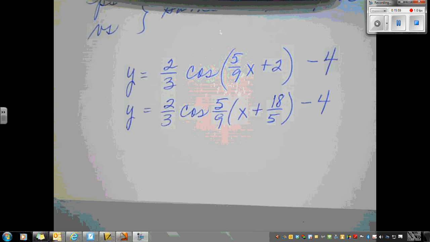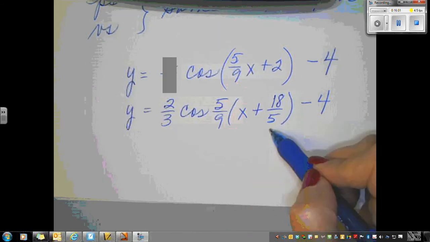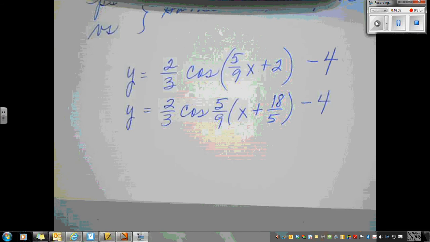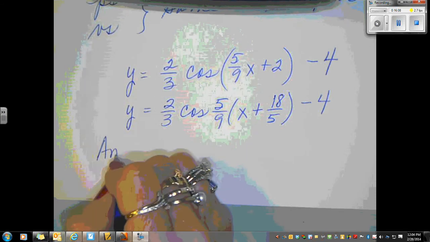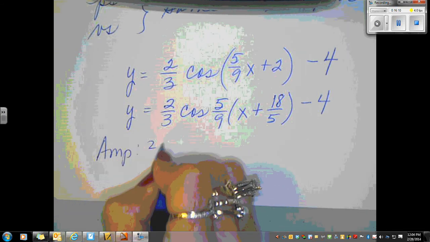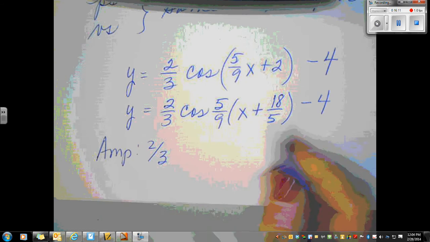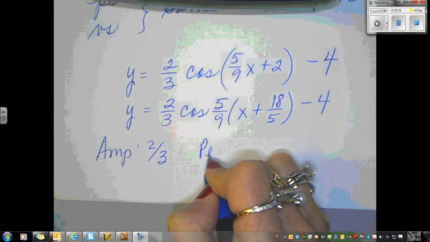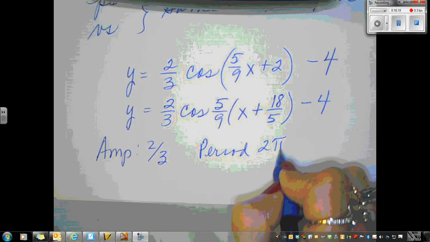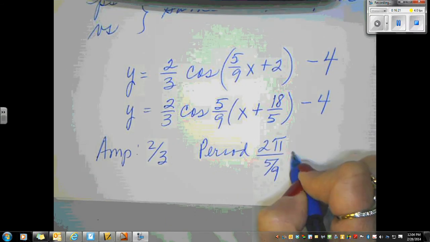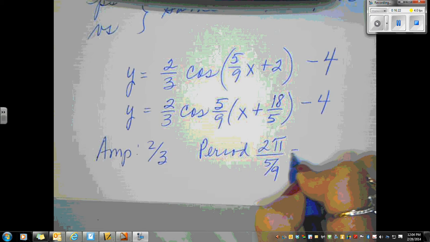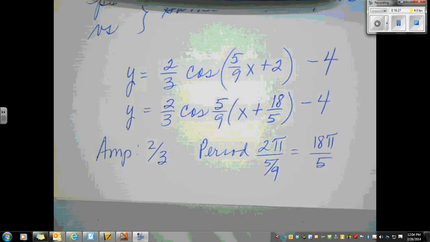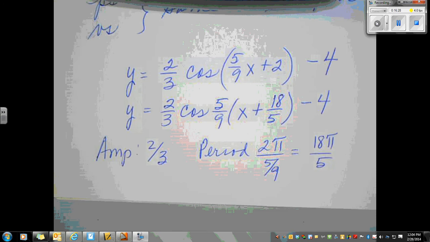And if I say 5/9 times 18/5, what do I get? 2. So now I can say the amplitude is 2/3. The period is 2 pi divided by 5/9, which is 18 pi over 5.